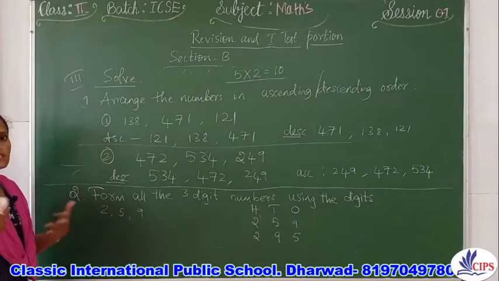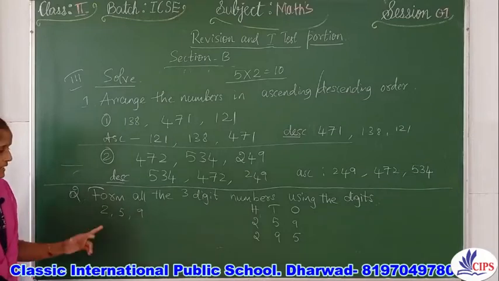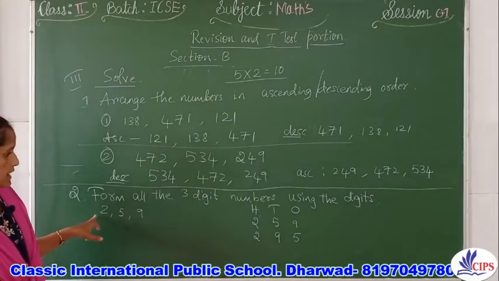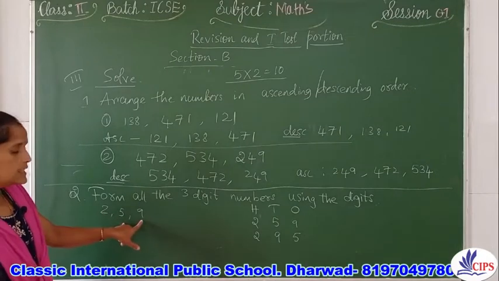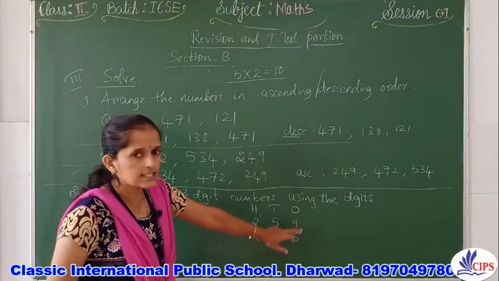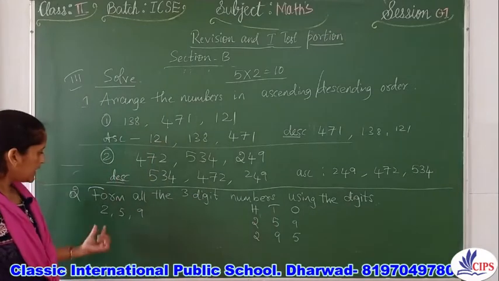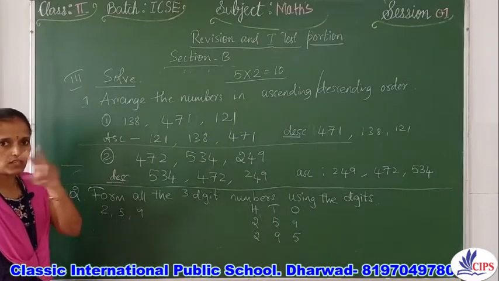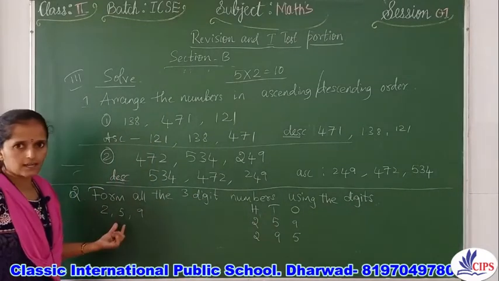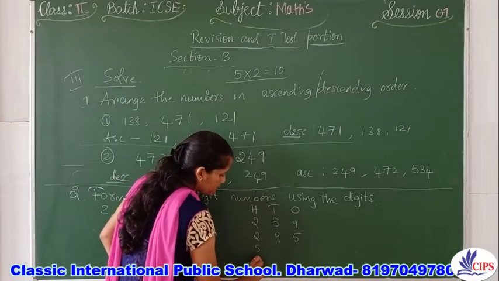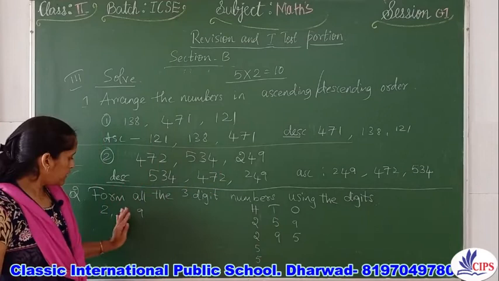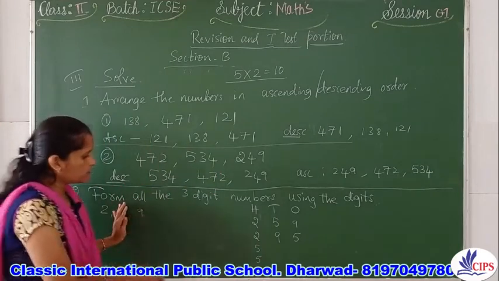I have just written only 2 numbers. We need to write all possible numbers. Let's see how many we'll get. In the first part, I have taken only the first number, and the other 2 numbers I have written as they are and in reverse way. I took 2 and I wrote it 2 times. Now I will take the second number and write it in the 100 place twice. 5 and 5. If I take 5 out, 2 and 9 remain here.